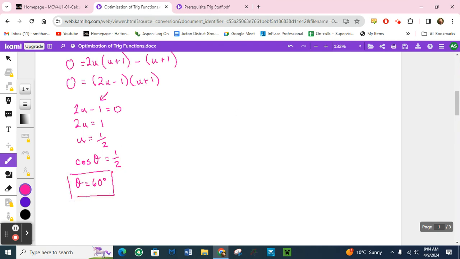That's one possible answer. But also, what makes u plus 1 equal to 0? We could get another solution from here. So that means that u is equal to negative 1. So that means cosine theta is equal to negative 1. So is there a value between 0 and 180 that gives a cosine of negative 1?